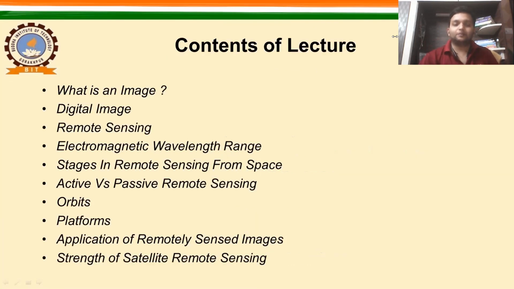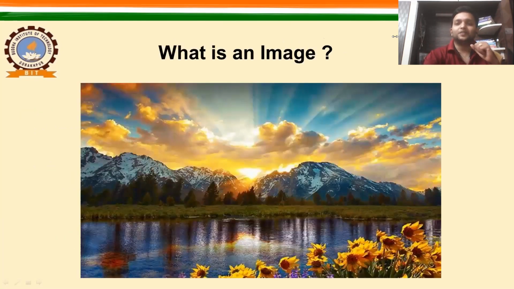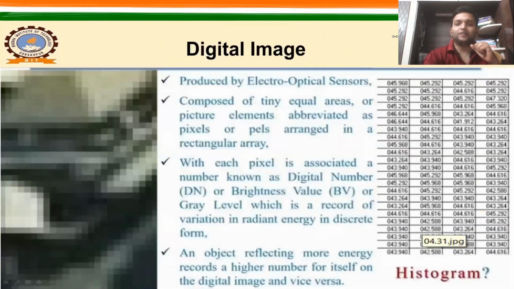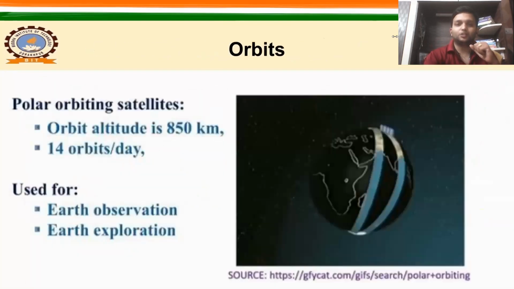Let's have a recap. In the last lectures we were talking about the types of resolution, and in this lecture we will continue with the types of resolution only. We were talking about the spectral resolution.